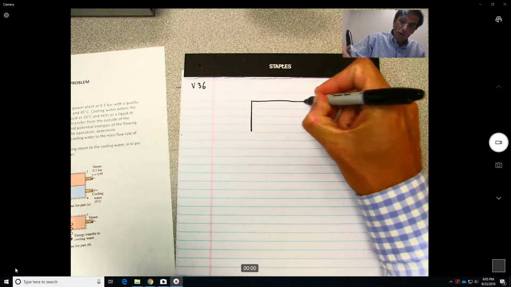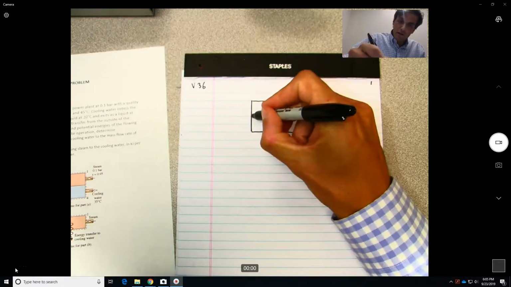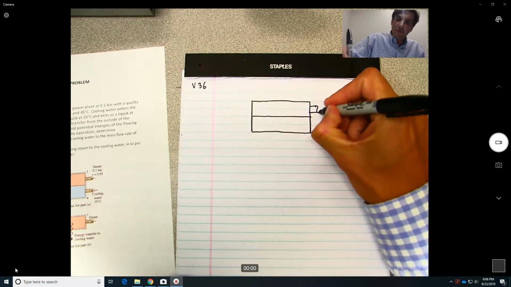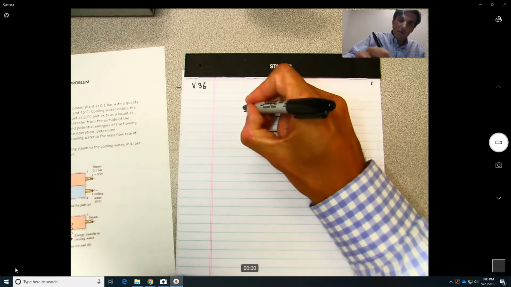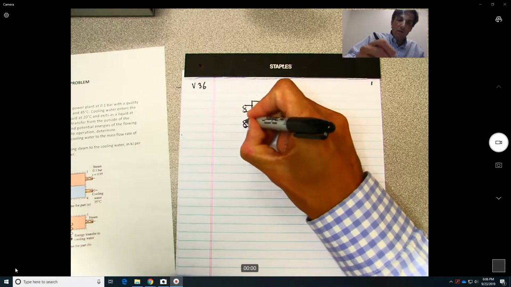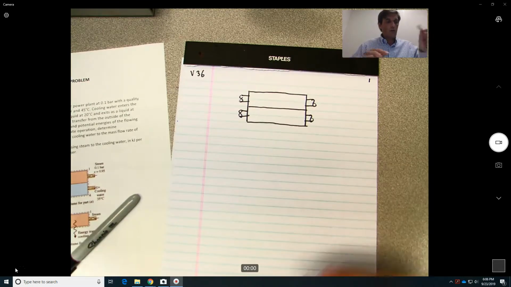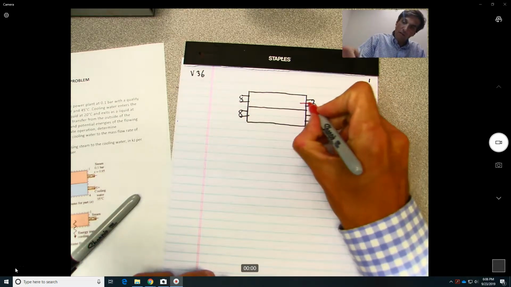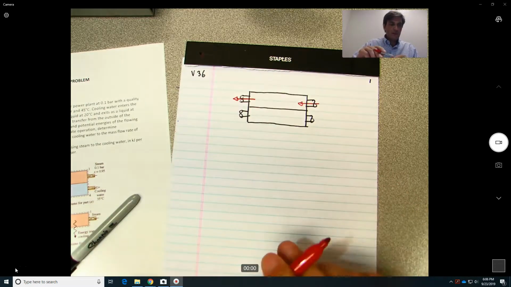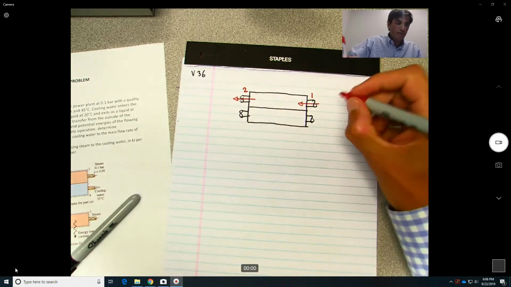So if I redo the figure very quick, let's see what we have. So we know over here we're going to have the hot fluid. So let's call this 1, 2.